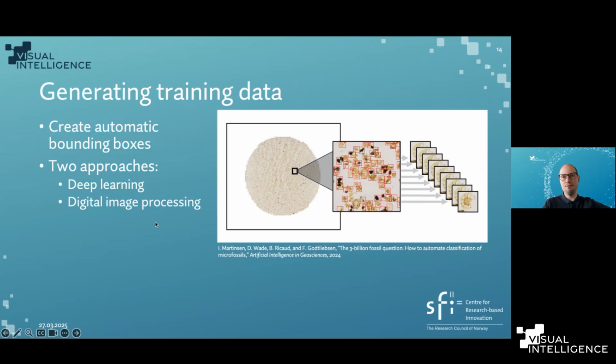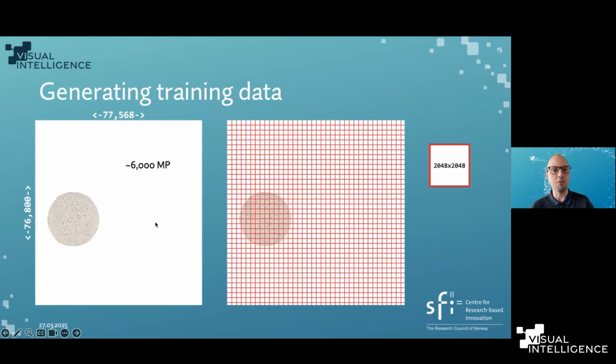So we have investigated a couple of approaches, both deep learning and also conventional digital image processing methods. Say that quickly. The slide is very high resolution, so we handle this by slicing it up into tiles of more manageable resolution, and then process each tile sequentially.